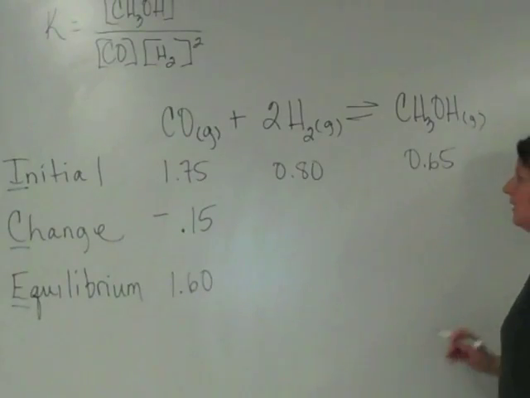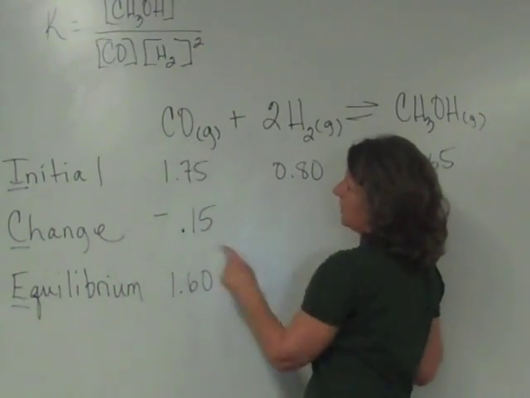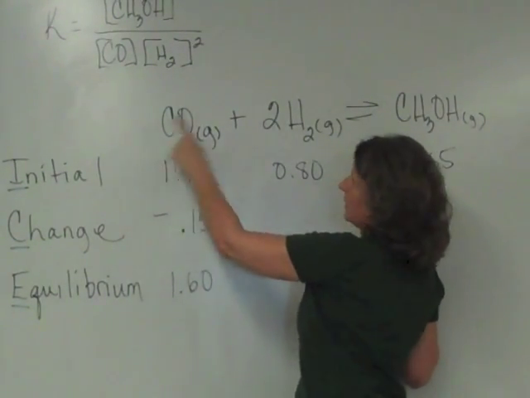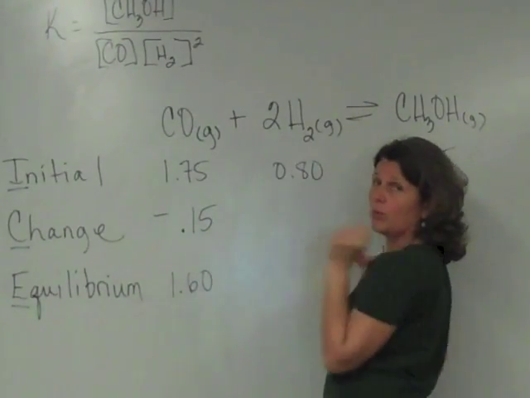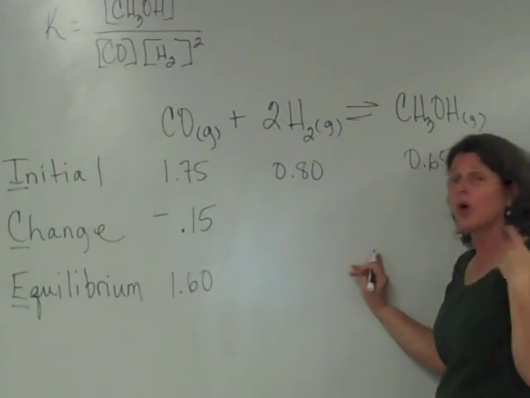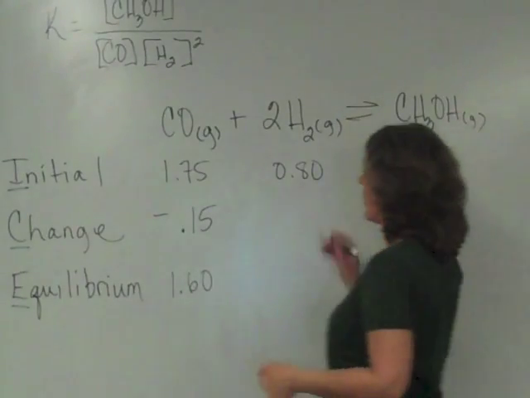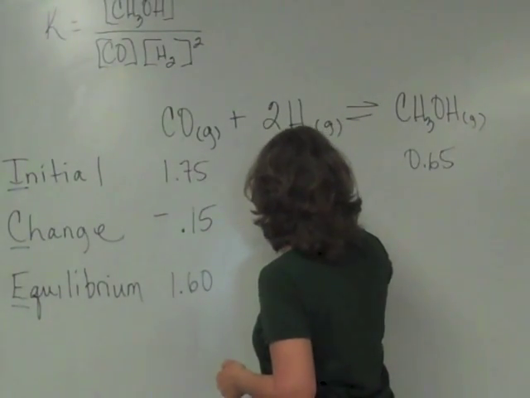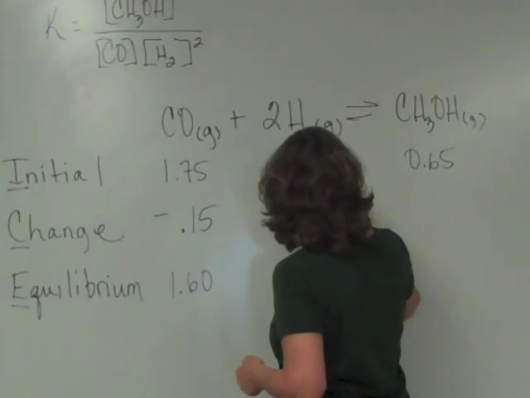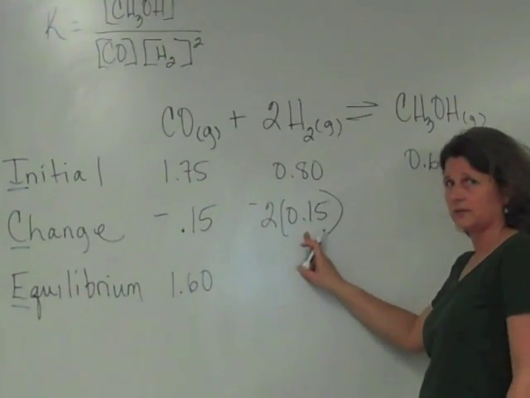Now, if I lost 0.15 of carbon monoxide, these are in a 1 to 2 mole ratio. So that means I lost twice as much, or I utilized twice as much hydrogen. And so I'm going to say twice 0.15 is what I lost here, right?